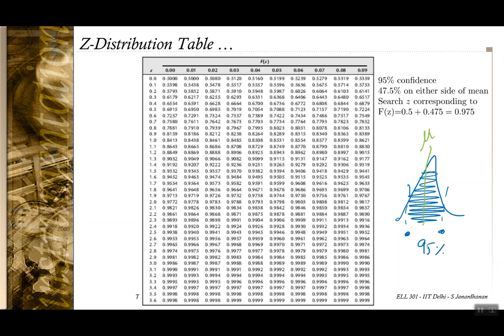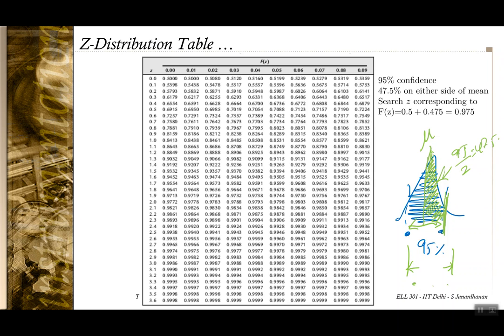Your x is somewhere within this range, it can be any of these points. So this translates to figuring out at what point we reach half of 95%, that is 47.5%.